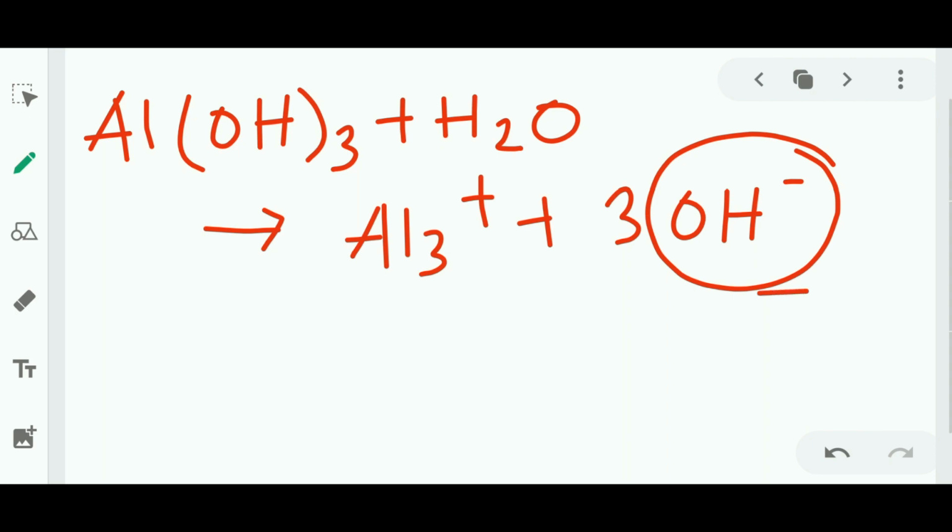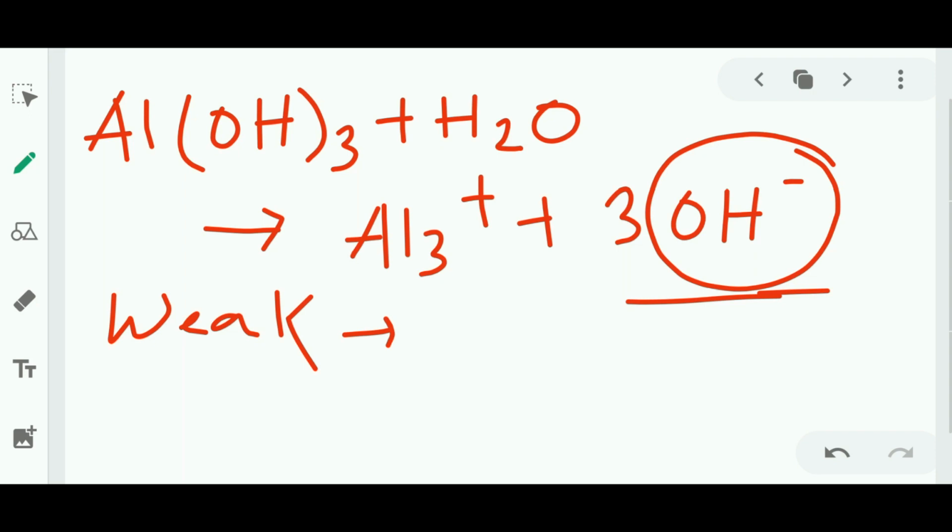Next, weak acid and strong acid. First we need to know about weak acids. What are weak acids? Weak acids are acids whose molecules don't ionize completely, or you can say complete ionization doesn't happen there. Suppose CH3COOH.